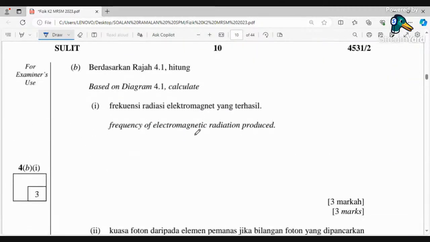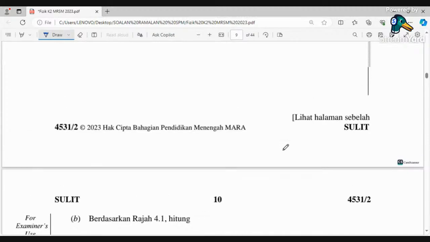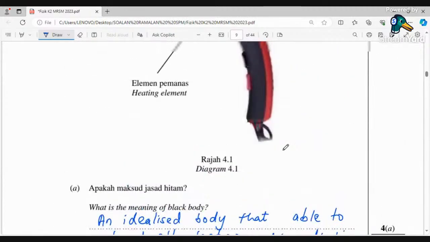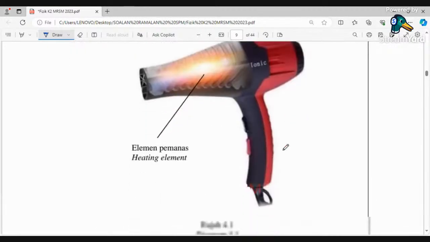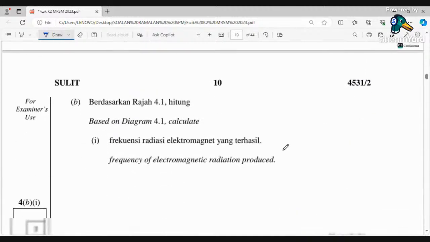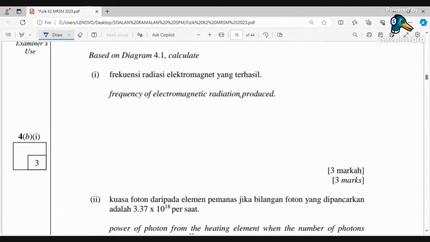Okay, B1, frequency of electromagnetic radiation produced. Calculate frequency. So we have wavelength given 780 nanometer. Formula apa nak guna? Okay. Untuk wave, kita biasa guna ini.